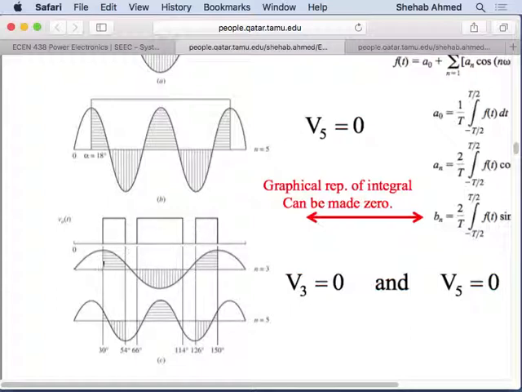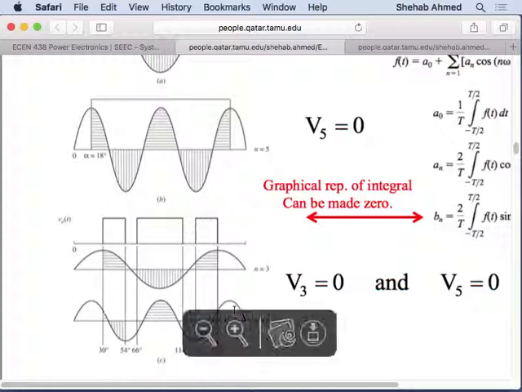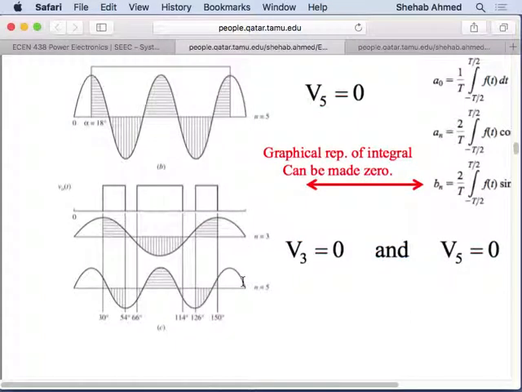And I draw a third harmonic and a fifth harmonic. If I now have these areas under the third harmonic and these areas under the fifth harmonic curve sum to 0, then I've been able to eliminate the third and fifth harmonic using multiple pulses per cycle.